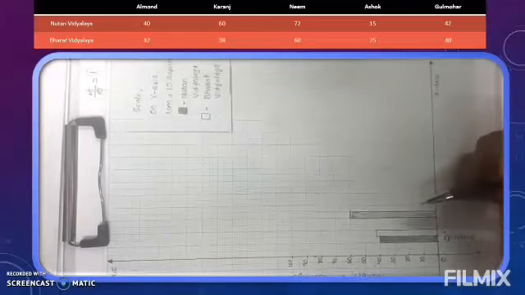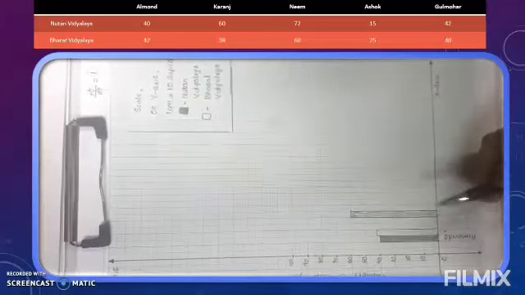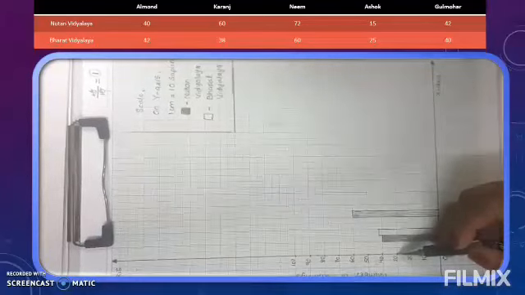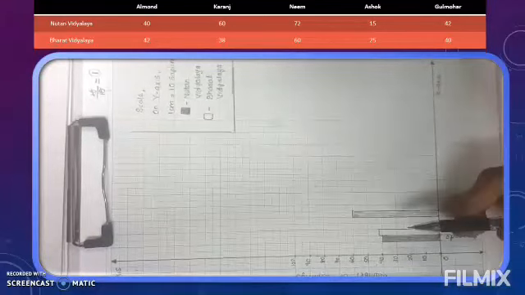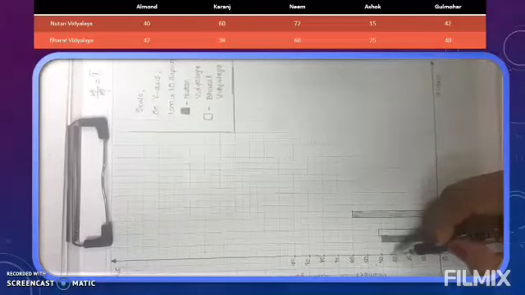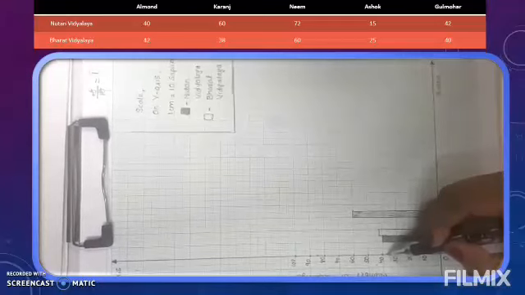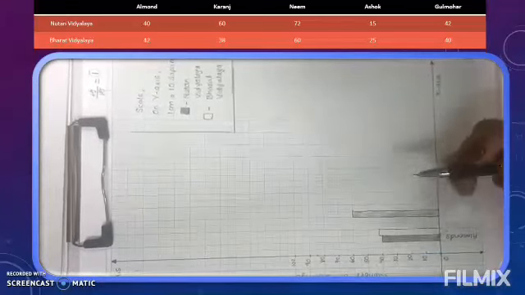Next, along with this, Karanj saplings, Bharat Vidyalaya: how many did they plant? 38. Now you tell me, here we have 30, so where will we get 38? I said that each thin line stands for 1. This will be 31, 32, 33, 34. This is the fifth line, so 35, 36, 37, 38. So the 8th line will represent 38.